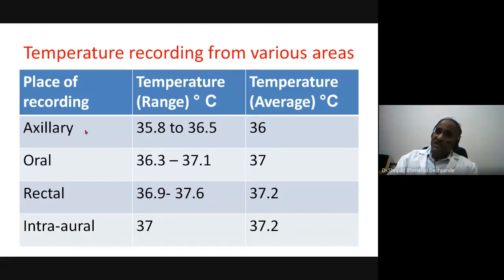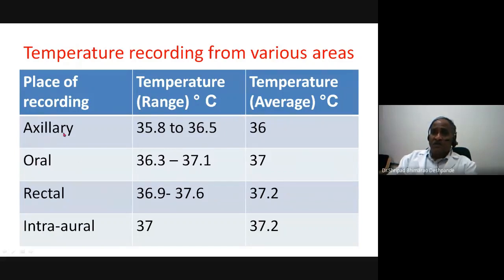You place the clinical thermometer in the axillary fold and wait for a particular period, maybe 1 minute or more, to get equilibrated, and you record the temperature. But the temperature recorded here is lesser than the core temperature. The core temperature, the rectal temperature, is 37.2 degrees Celsius. You just see that this is about 1 degree less than the core temperature.